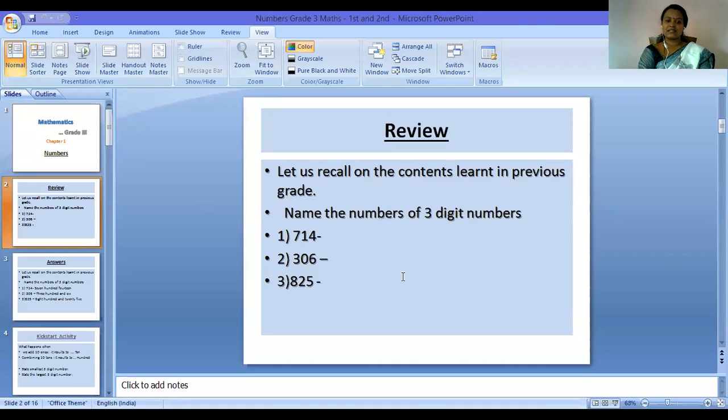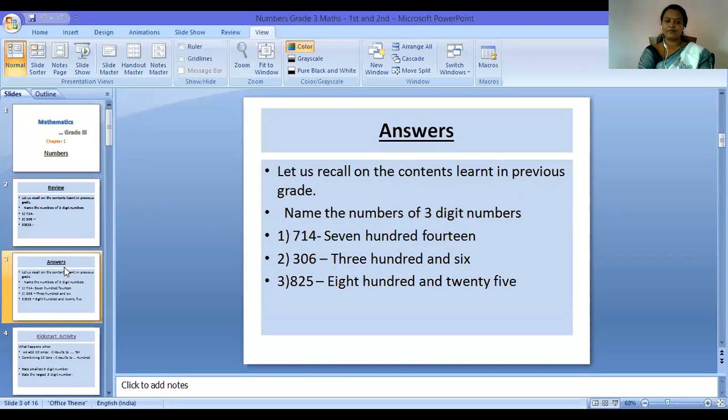The first one is 714, second 306, and third is 825. How is it read? Yes. So the answers for this: the first one, 714, is read as seven hundred fourteen; 306, three hundred six; 825, eight hundred twenty-five.